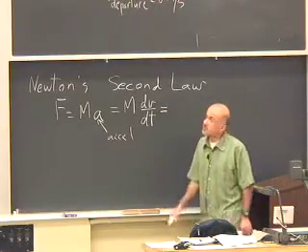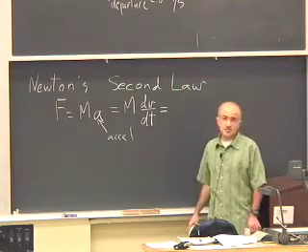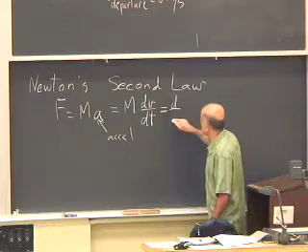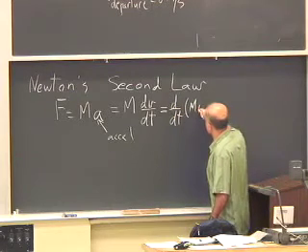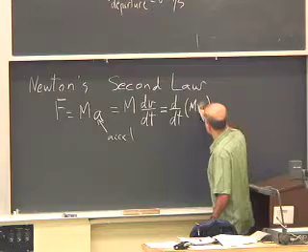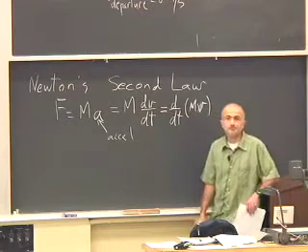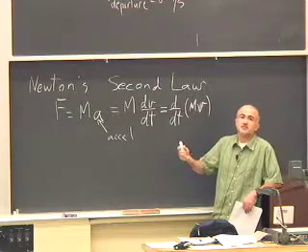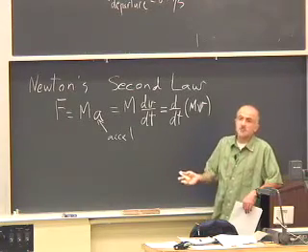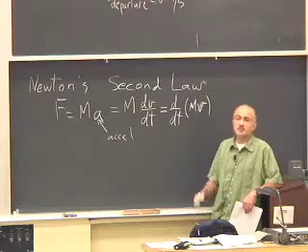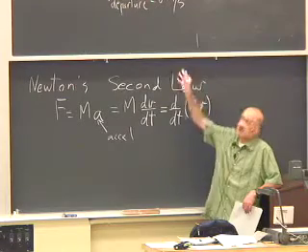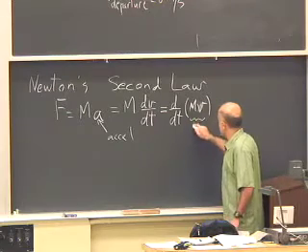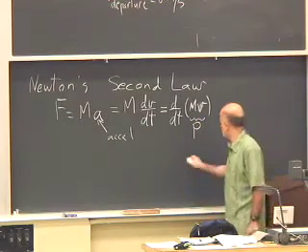And in this case, I'm dealing with an object whose mass doesn't change as a function of time. So this m is constant. Let's take that inside. Okay, so I'm not talking about a rocket that's dumping fuel as it's traveling, and therefore its mass is changing. I'm talking about an object whose mass is constant. This is what we know in physics to be the momentum.